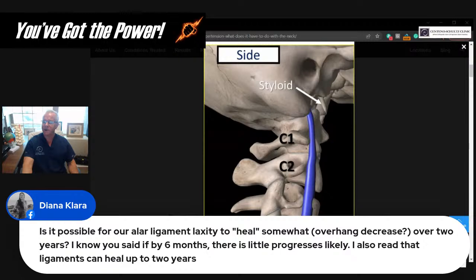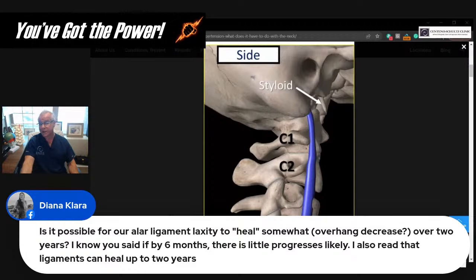Deanna, is it possible for our alar ligament laxity to heal somewhat, a rank decrease over 2 years? I know you said if by 6 months there's a little progress likely, ligaments can heal up to 2 years. That hasn't been our experience, Deanna. If you look at artificial ligament healing, so that would be mobile reconstruct injections, which is the research we've done and now published many times in the ACL and the knee, where we've got a big ligament where we can easily image it because we've got lots of MRI sequences that have been designed to see it well. In younger patients, we tend to see full healing at 3 months.